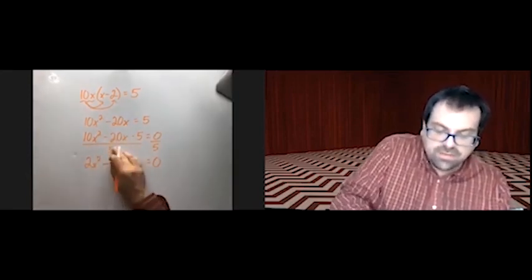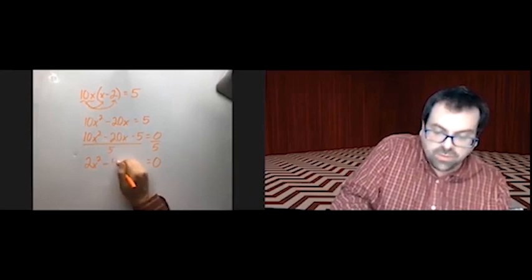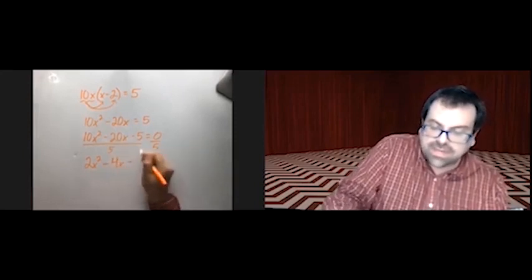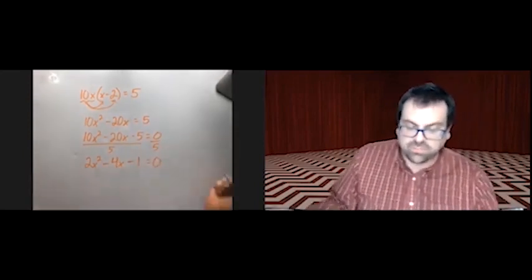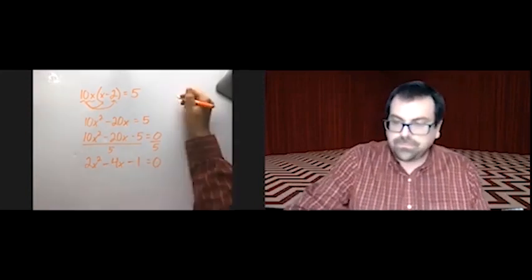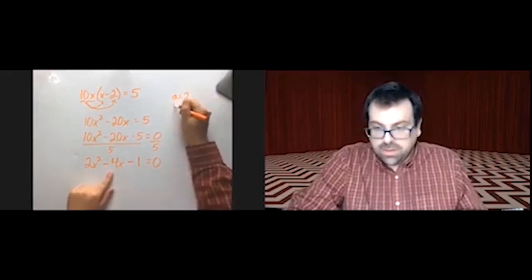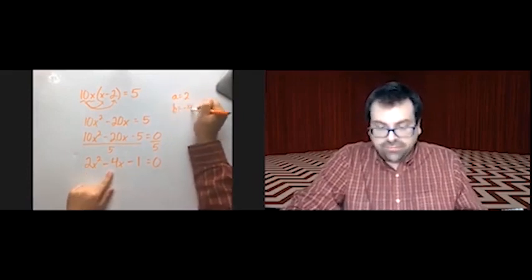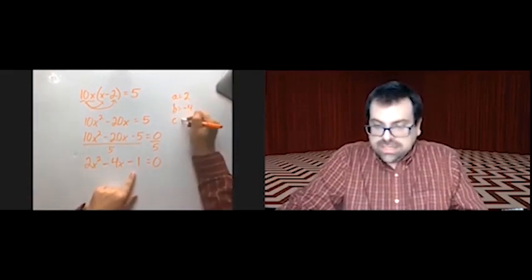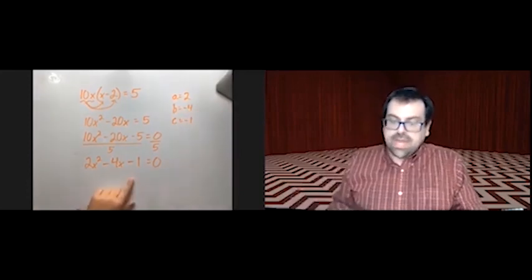Minus 20 divided by 5 gives us 4x. Minus 5 divided by 5 gives us 1. So a is positive 2. b is negative 4. c is negative 1.